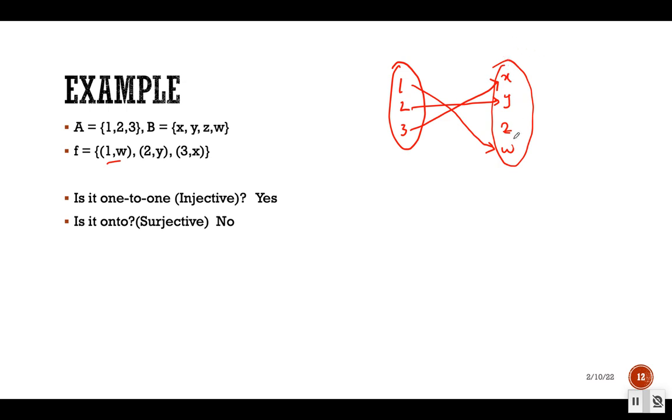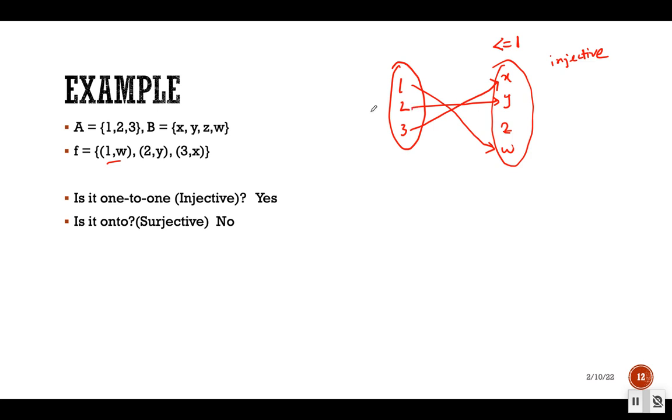Here you can see that for every element in B, the number of arrows is less than or equal to 1. So this is injective. Every input has a different output; no two inputs have the same output.